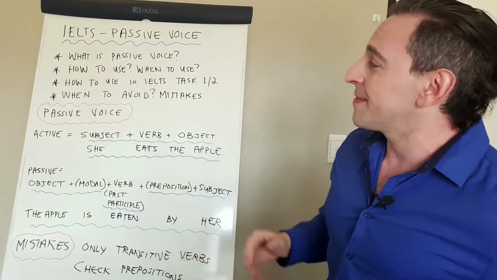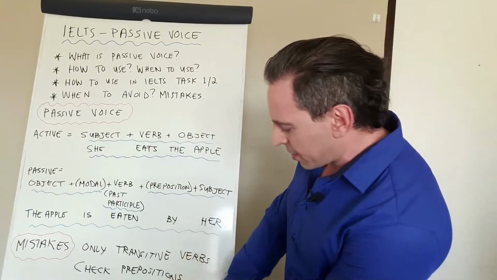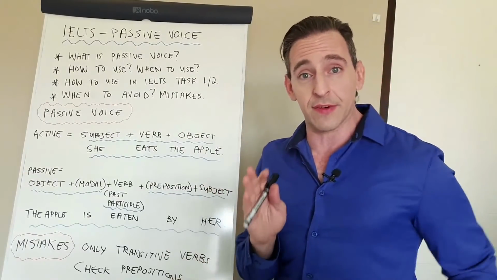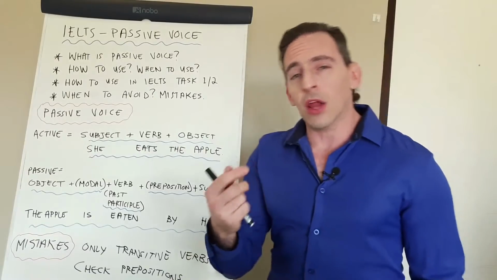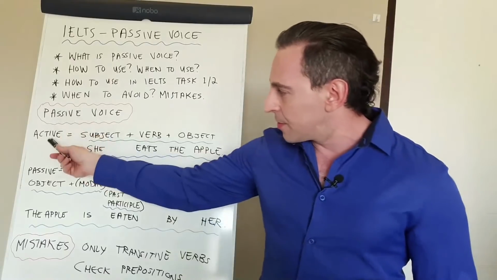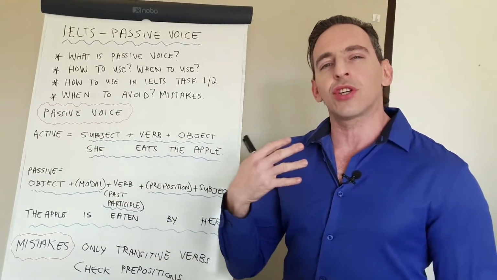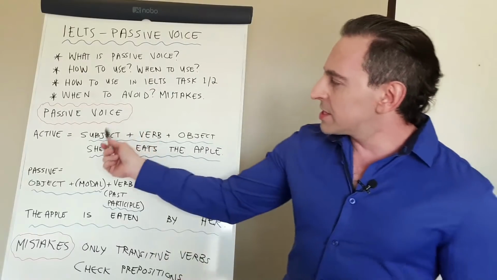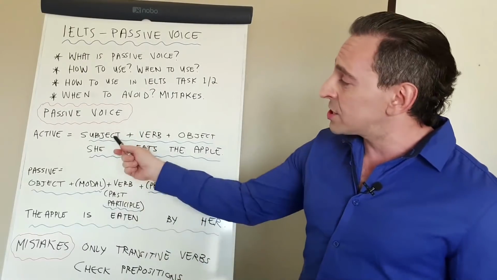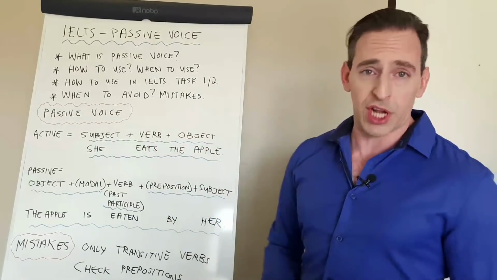All right, so let us start straight away with the basics of what is passive voice. Now, a lot of speaking and a lot of writing tends to happen in active voice. This is a very simple example, but it shows what we mean. The subject is first, and the subject is doing the thing to the object.